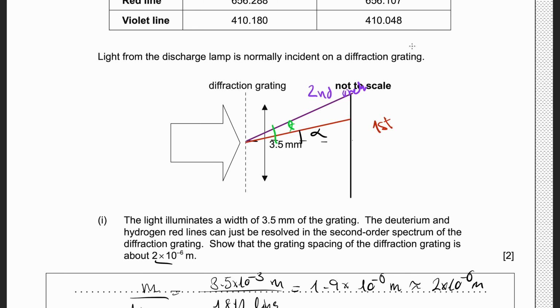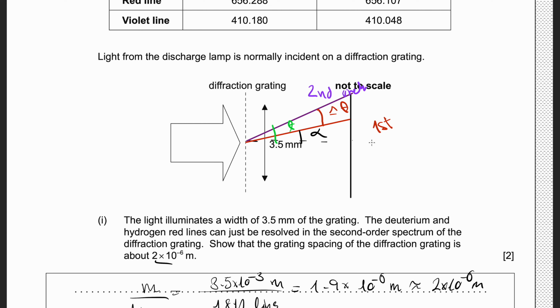So we want to find the angle between the first order and the second order. Basically we want to find this angle right here. I'm gonna call that delta theta. So obviously you should first find theta and then alpha and then find their difference.